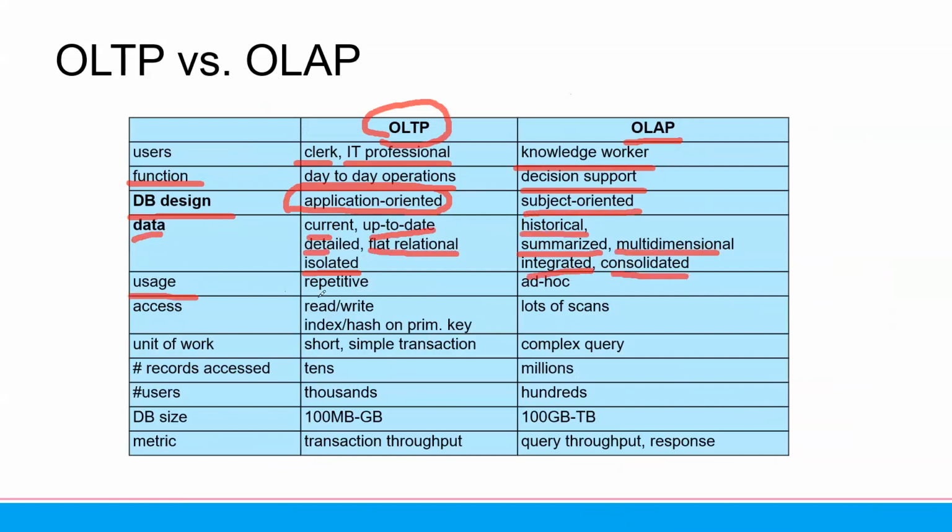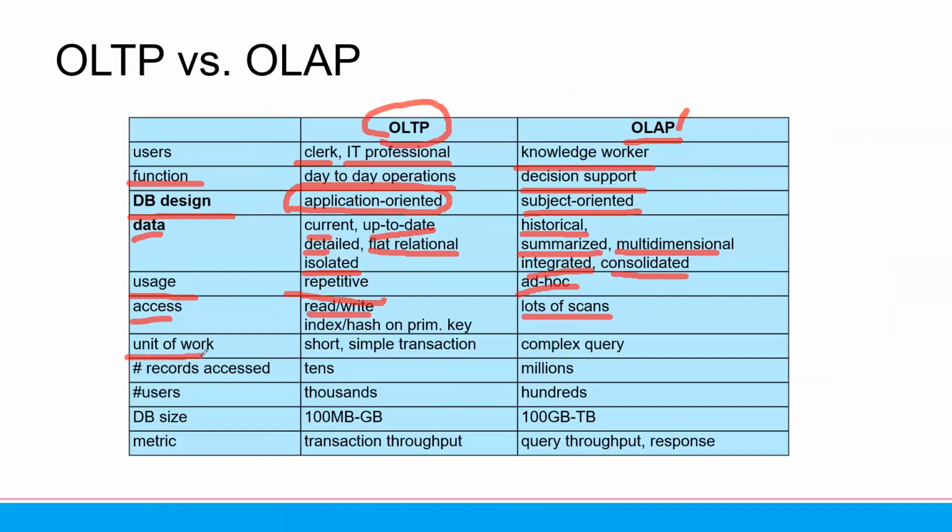The usage is repetitive. You need to do it one day, maybe multiple times. But the OLAP, you need to do it ad hoc. When you need to decide something, you will check your database. The access for the DB is more about read, write, but the OLAP is more about lots of scans.